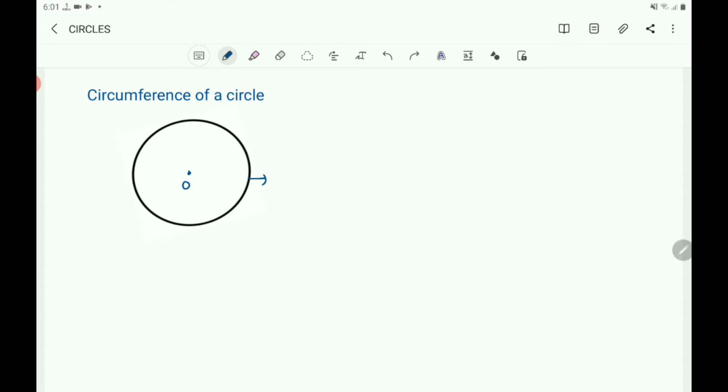So you write: the length of the complete circle is called its circumference.